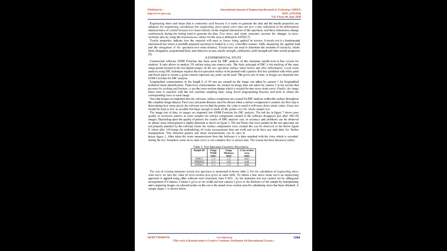EN 10025-4, thermomechanical rolled weldable fine grain structural steels S275, S355, S420, S460. EN 10025-6, flat products of high yield strength steel in the quenched and tempered condition S460, S500, S550, S620, S690, S890.